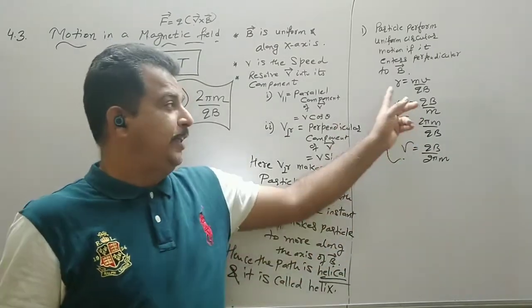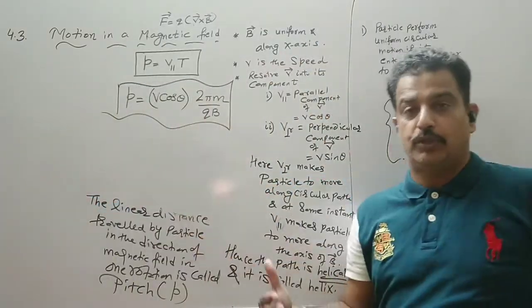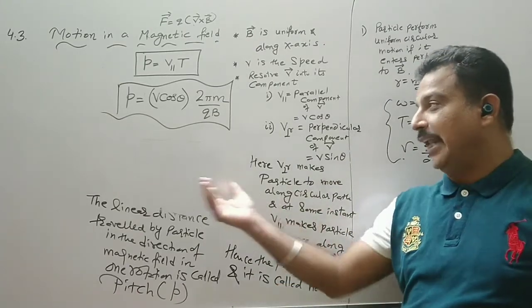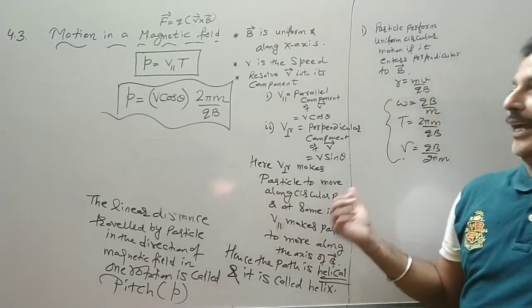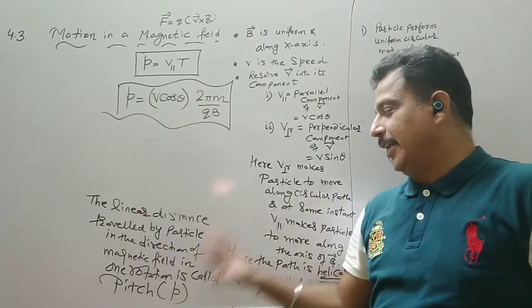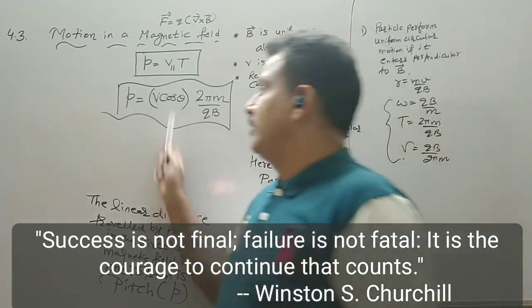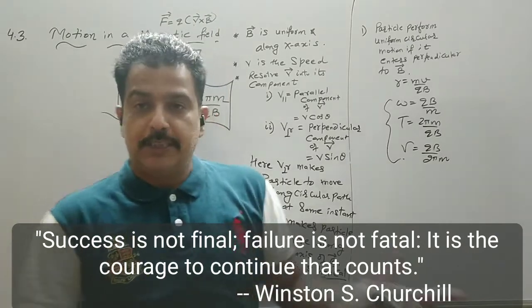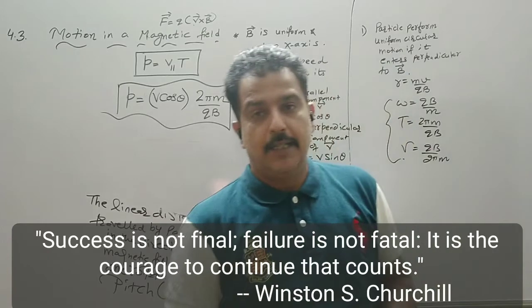So in the place of v, we write v sin theta, that is, the sine component is responsible for the circular motion, and the parallel component is responsible for the linear displacement or linear motion, and therefore we define the linear distance traveled by a particle in the direction of the magnetic field in one rotation as pitch, that is distance is equal to speed into time. So this is all we have for the motion of a charged particle in the magnetic field.